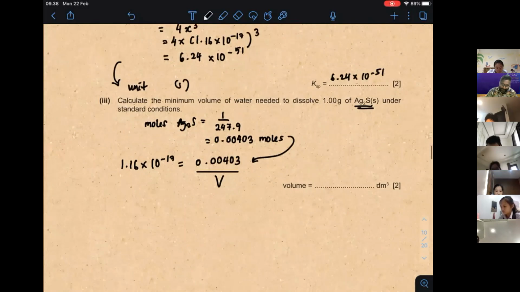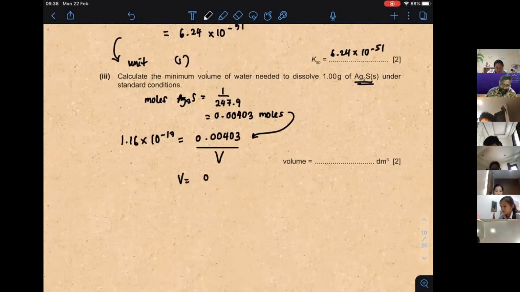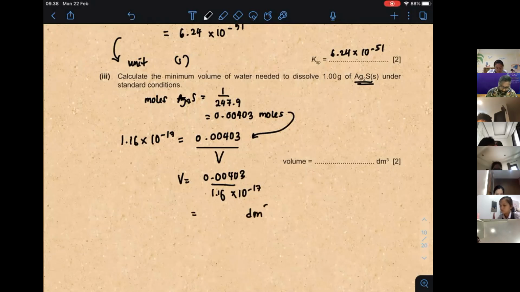So V is going to be 0.00403 divided by this, and you will get the answer in dm cubed. If you do this, you will get 3.5 times 10 to the power of 14 dm cubed.